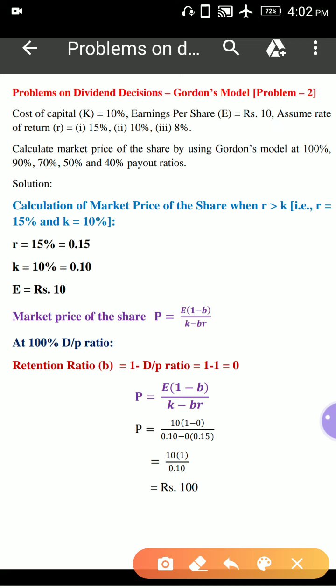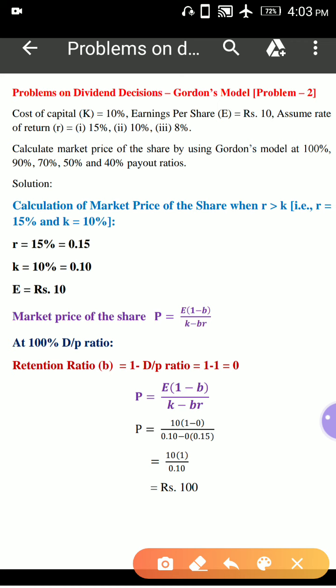So calculate the market price of the share by using Gordon's model at 100%, 90%, 70%, 50% and 40% payout ratios. Now look at the problem. We have to do it when R is equal to 15%, when R is 10%, and when R is 8%. That means the same as Walter's model.